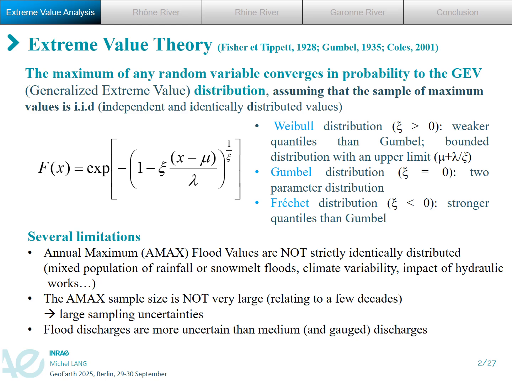The GEV distribution has 3 parameters, and according to the value of the shape parameter Xi, we have a Fréchet, a Gumbel, or a threshold distribution. But as the IID assumptions are never totally agreed, and as the size of the annual maximum values sample is not very large, a few decades, we have very large uncertainties when estimating extreme floods from a short series.